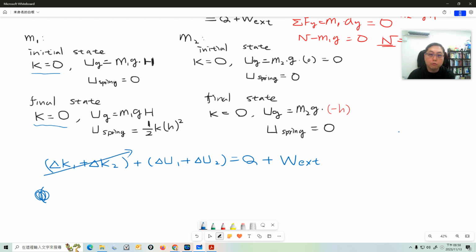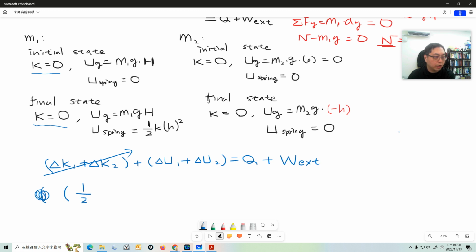Now the potential energy difference of M1, final state minus initial state. Don't forget we now have both gravitational potential energy and elastic potential energy, so let's treat them separately. For delta U1, the gravitational potential energy is m1gH initially and m1gH finally, the same, so the difference is 0. The spring potential energy is 1/2 kh squared minus 0.